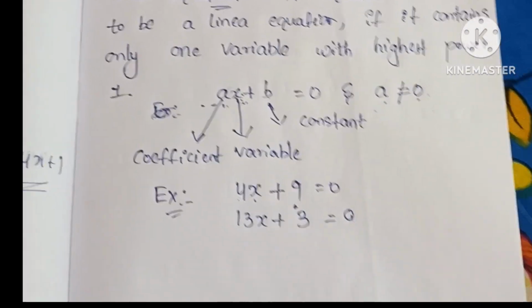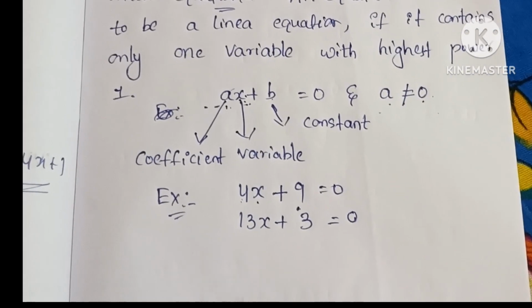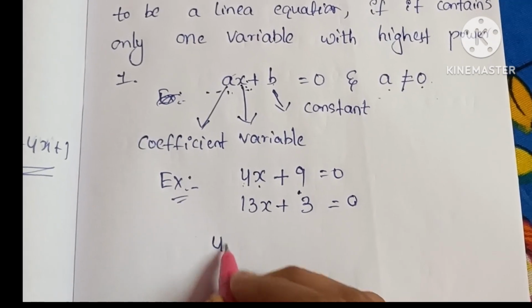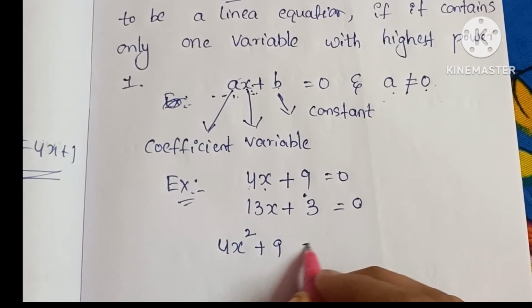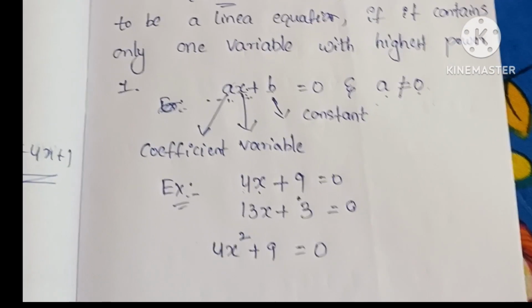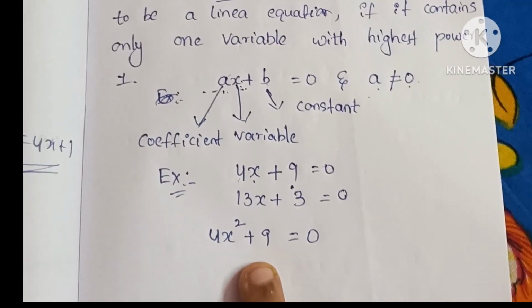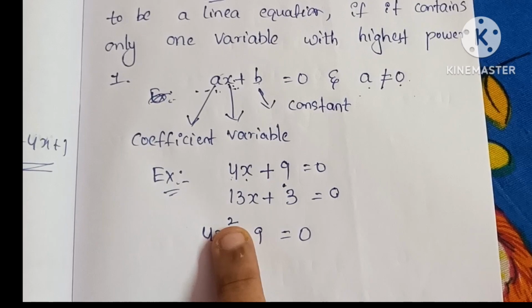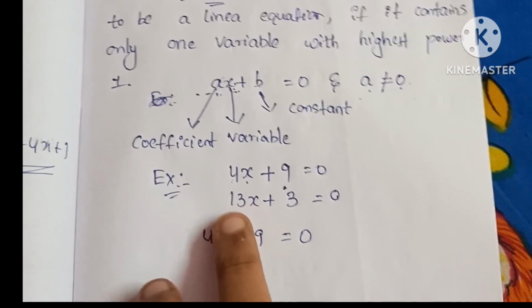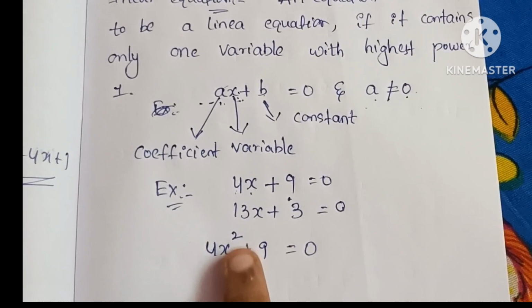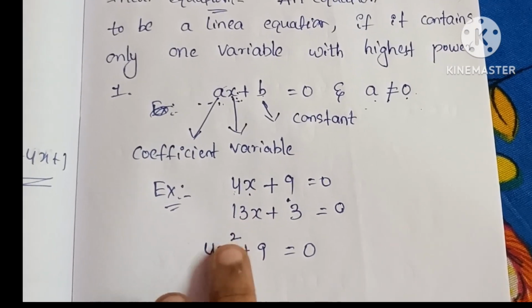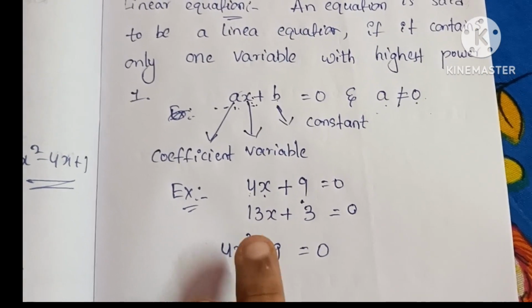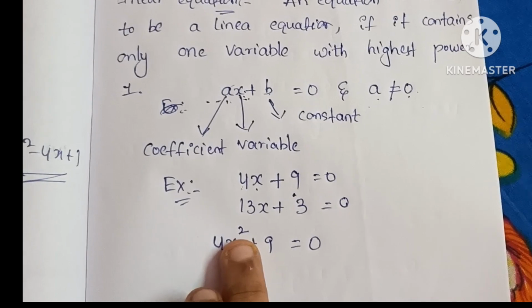Now suppose I take 4x square plus 9 equals 0. Is this a linear equation? No. Its power is 2. This power is called the degree. Is this a linear equation or a quadratic equation?